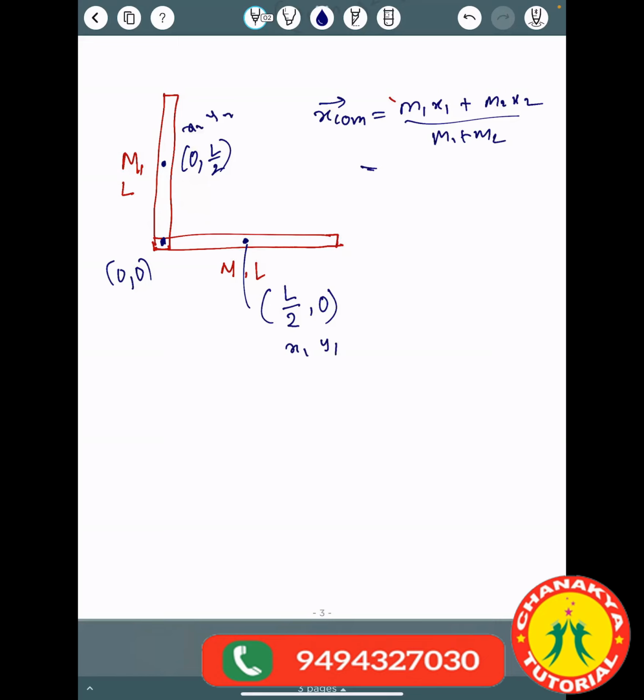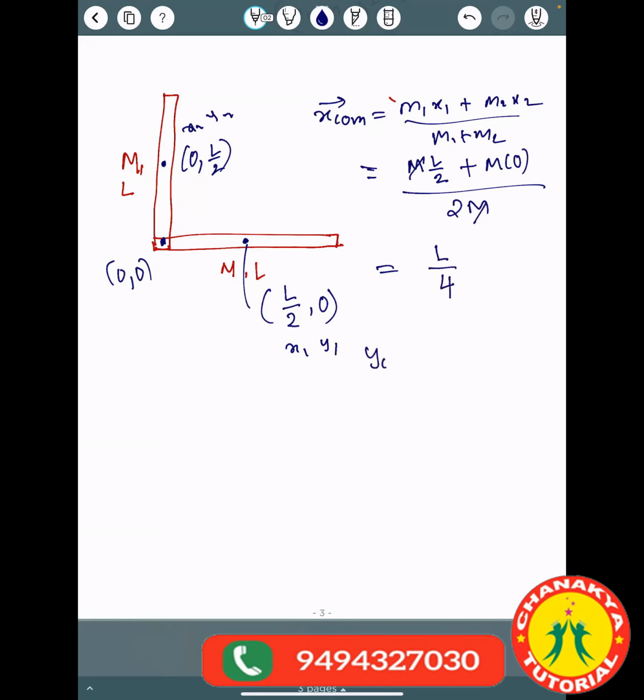Just put the values: you'll get m L by 2 plus m into 0, divided by 2m. m got cancelled out, so you got L over 4, correct?